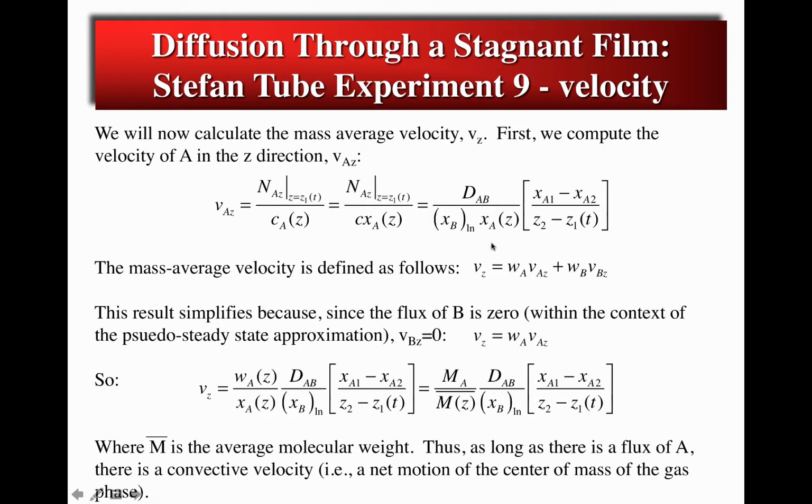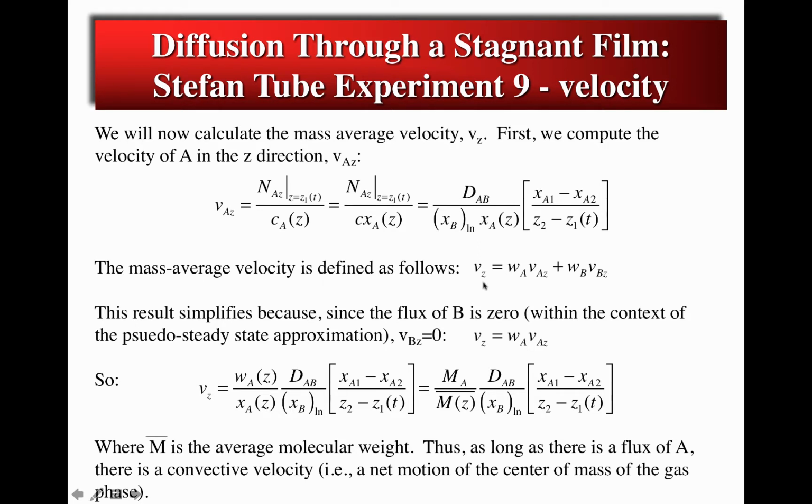And you can also see that because there is a concentration gradient in A, the velocity of A will change depending upon the height in the tube. However, the flux is constant, and so that must mean that the concentration of A on a molar basis is not changing. So the mole fraction of A will change slightly as you go up the tube because there is a concentration gradient in A, and that means that the molar concentration is adjusting to make that all constant.